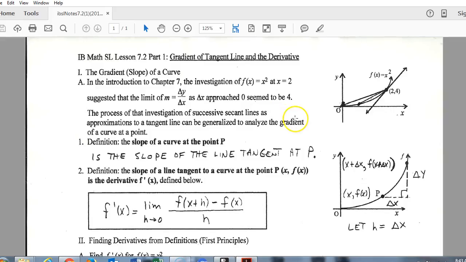But the general idea is, if you can look at this curve right here that I'm tracing for x squared, if I want the slope, or the gradient as we call it in IB, or the instant rate of change at a specific point, how do we do that? So typically if you want the slope, you need 2 points.